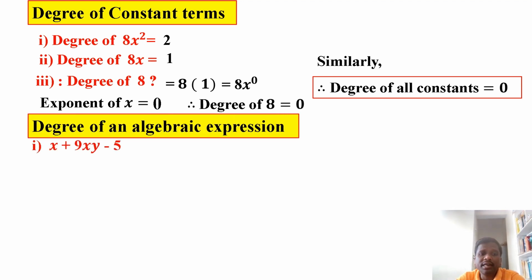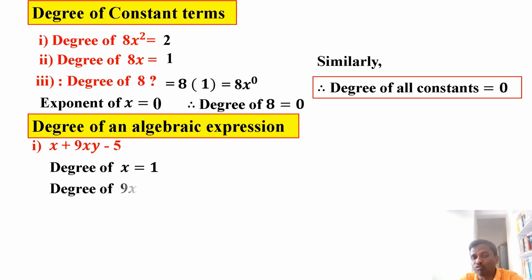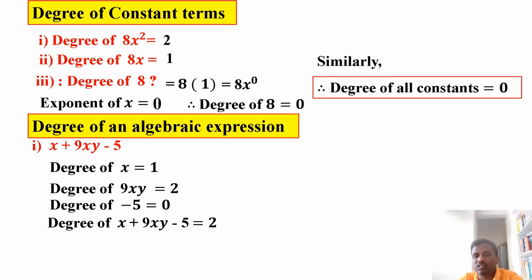And here, the degree of an algebraic expression. In this expression we have 3 terms. We already learned how to find the degree of a monomial. First we find the degree of the first term, x, which is 1; the degree of the second term, 9xy, is 2; and the degree of minus 5 is 0.